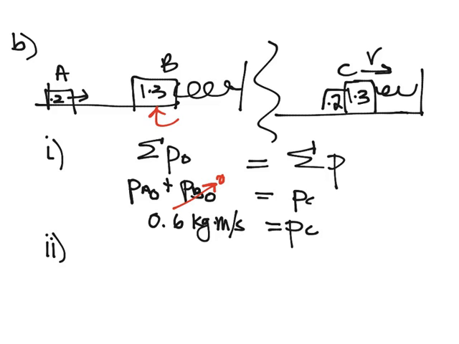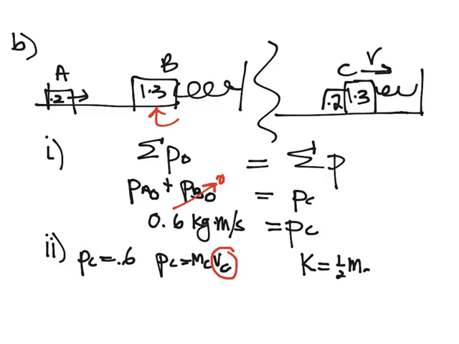Okay, so I know that PC is equal to 0.6. I also know that PC is equal to the combined mass times the combined velocity. And I need to know this velocity right here in order to plug it into K equals 1/2 mv squared, and particularly it's the combined mass times the combined velocity squared.